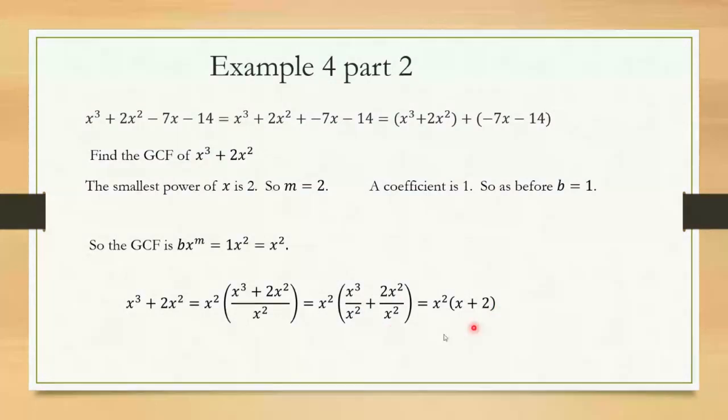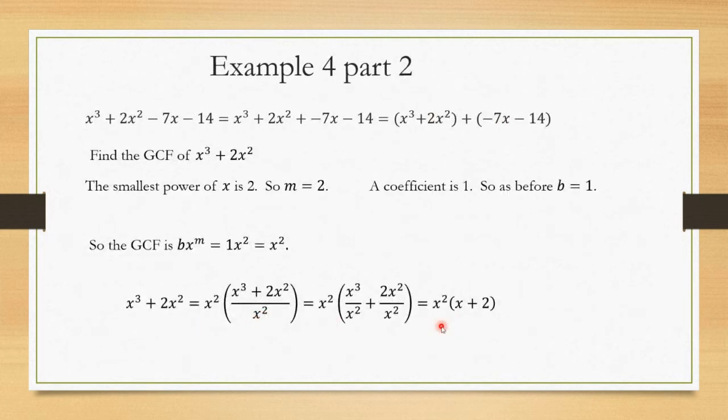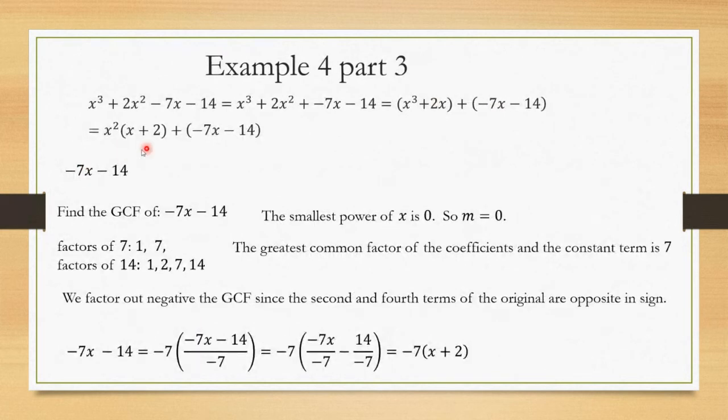The second quotient gives you 2. So this is the first group. Okay, that's good. Next, we handle the second group. So all I did here was I took what we got for the first group, right, down here, and I put it in.